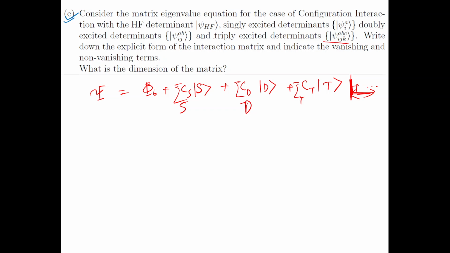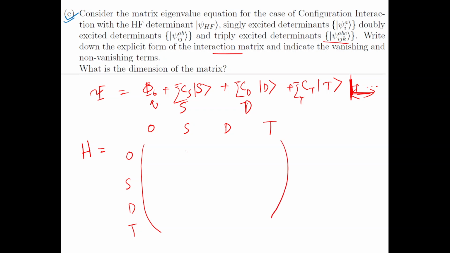Now let's write down the interaction matrix. If this is your basis set, these determinants, you can write the total Hamiltonian in this basis set. So let's write 0 S D T along both rows and columns.